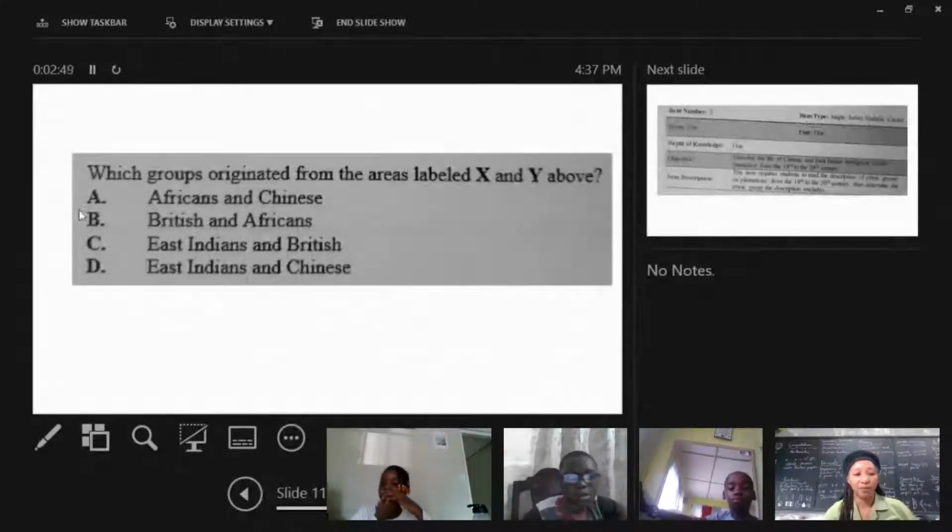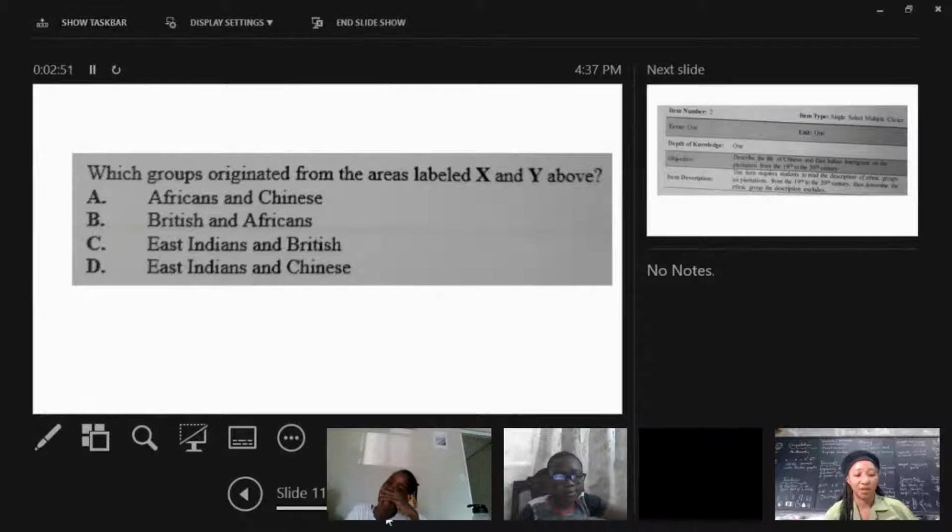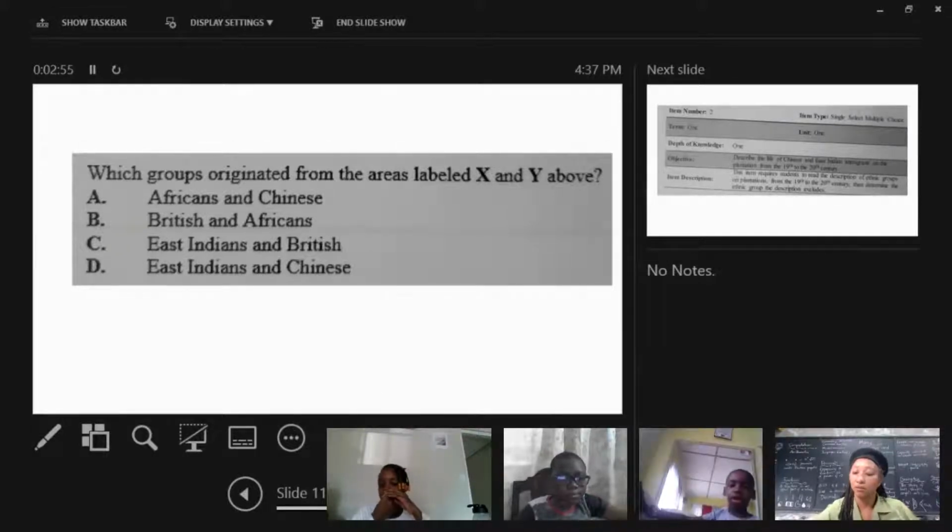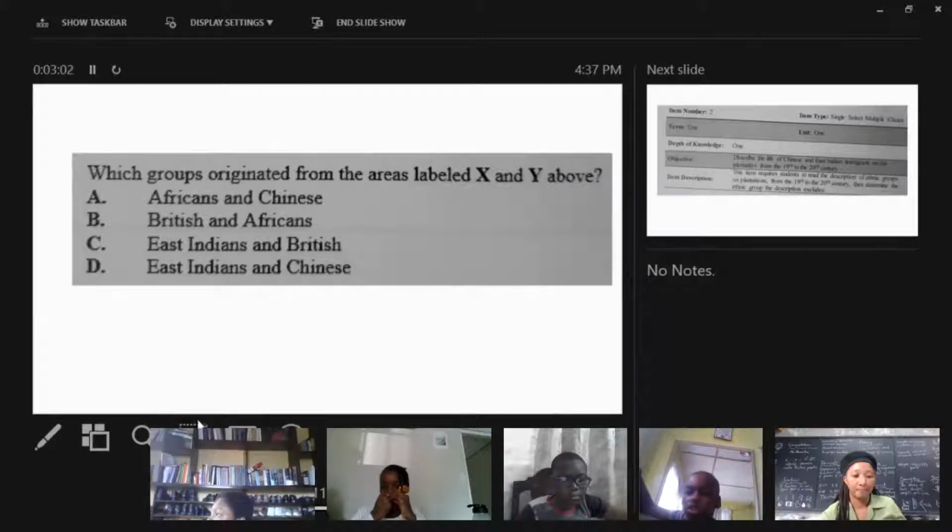All right, so Coleman, please read item 1. Item number 1. Which groups originated from the areas labeled X and Y above? A. Africans and Chinese. B. British and Africans. C. East Indians and British.